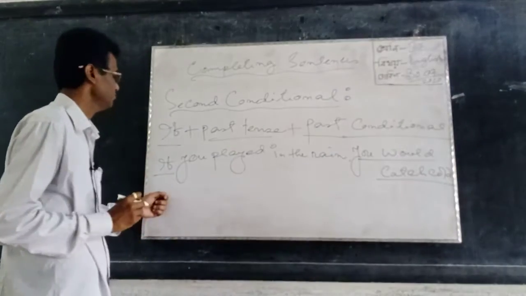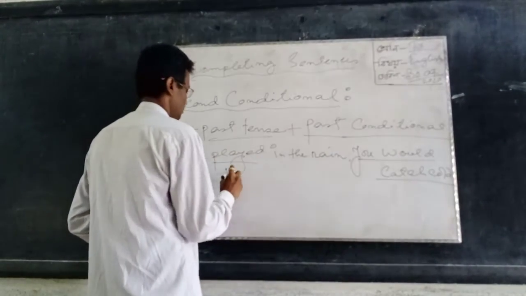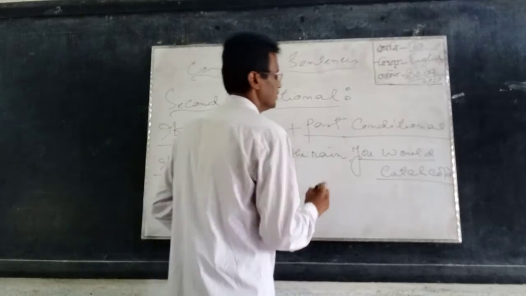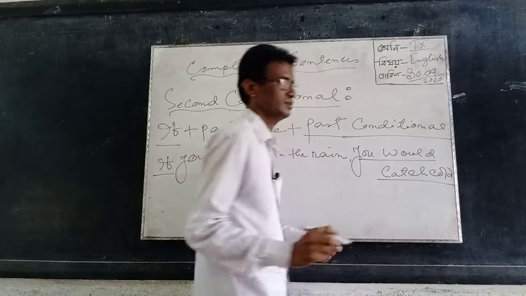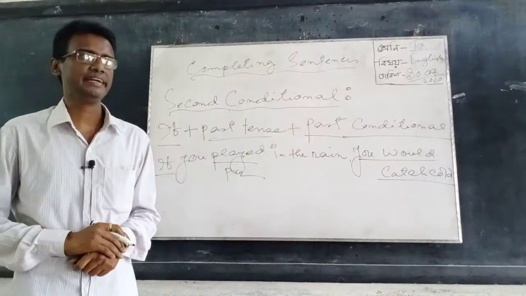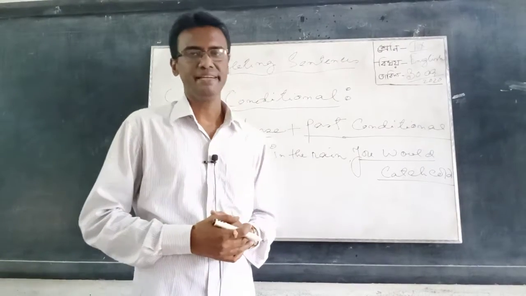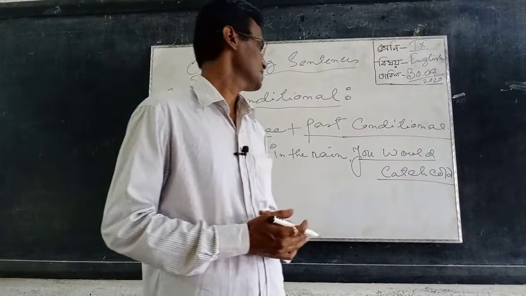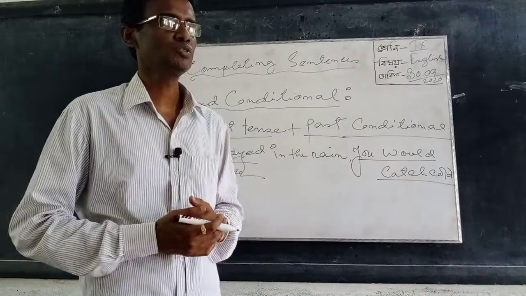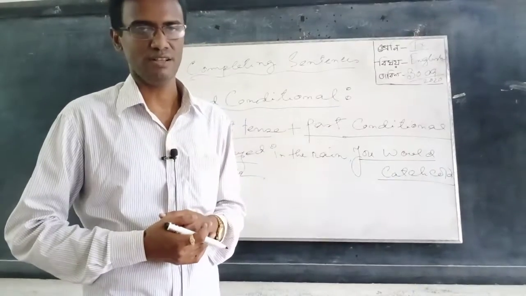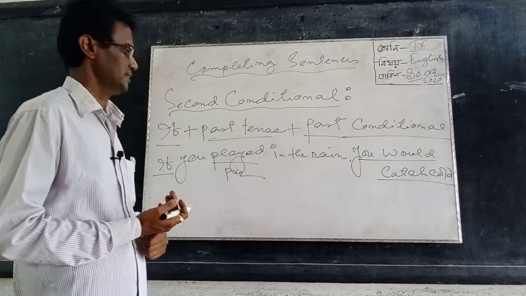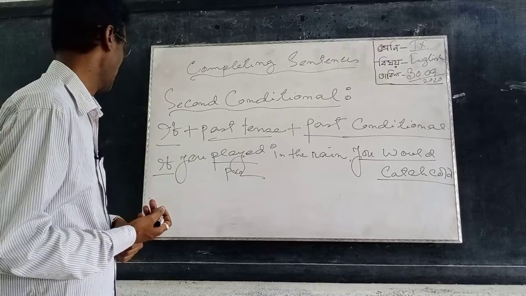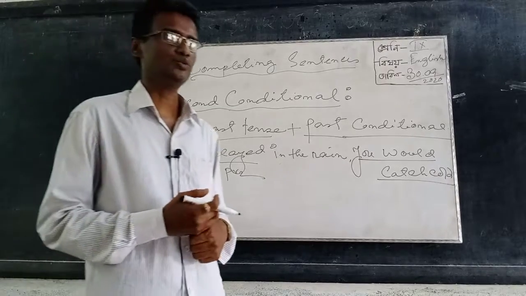Here in the sentence, from the very beginning, if, next PB2 past tense, and the next is a past conditional: will, would, can, could, may, might, shall, should. This is called would, might, should. This is called the second conditional. Is it clear to you, my dear students? Okay, thank you.